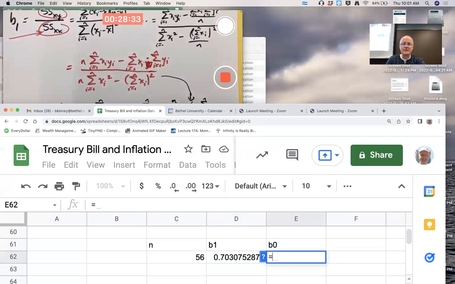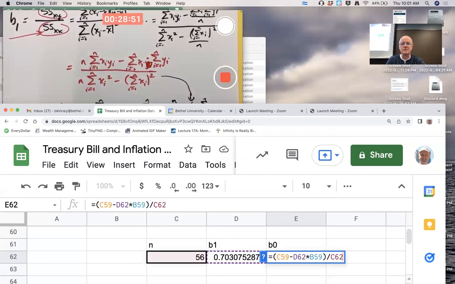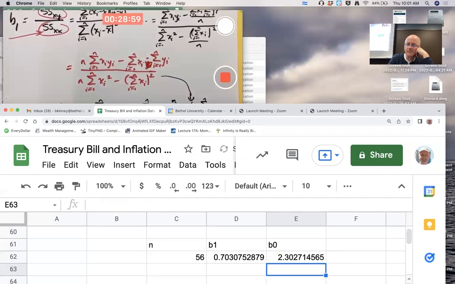But the sum of the y's was in C59, minus B1, which is in D62, times the sum of the x's, which is in B59, divided by n, which is 56 in cell C62. So this should be 2.3. Yep.